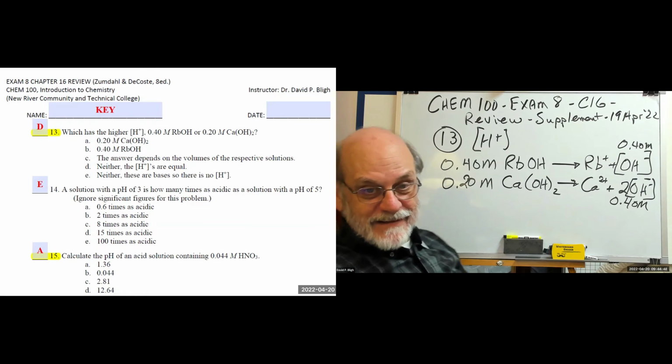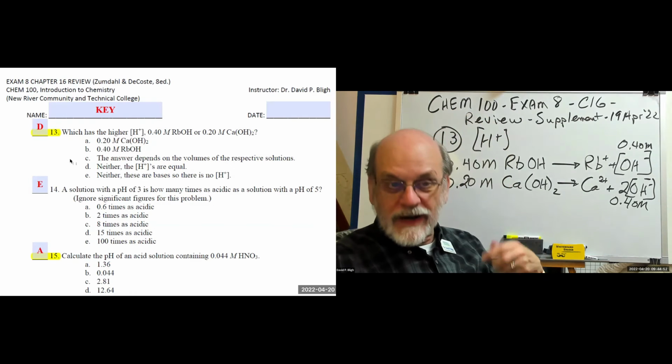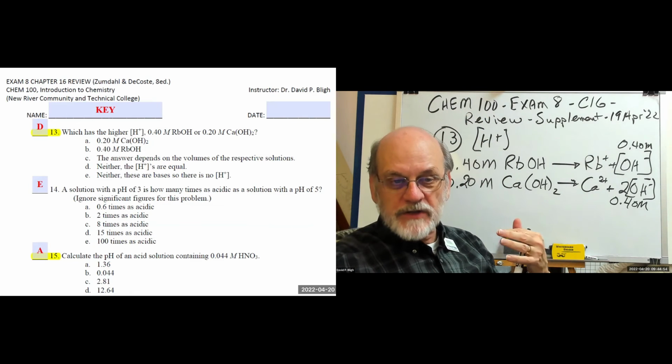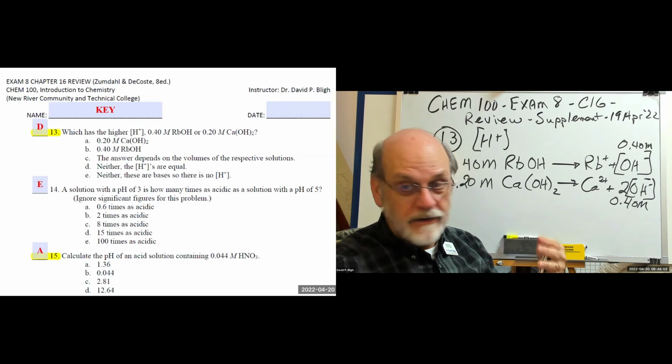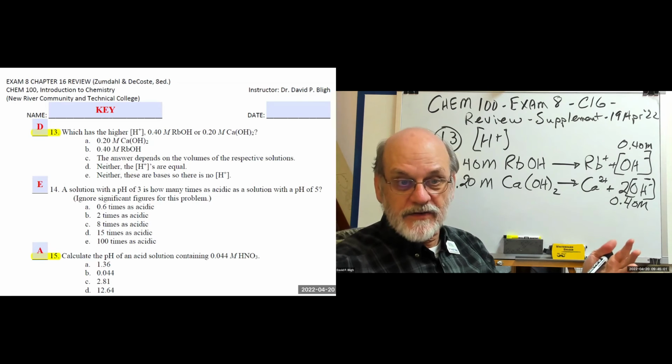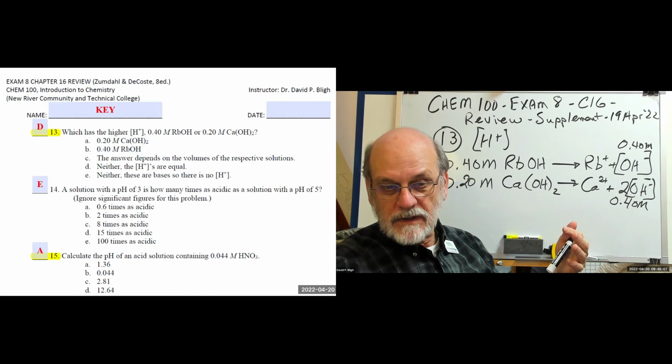Right? Now, let's look at our options here. What answers do we have? Which has the higher hydrogen ion concentration? Neither one. They're exactly the same. Right? So A can't be the answer. B can't be the answer.